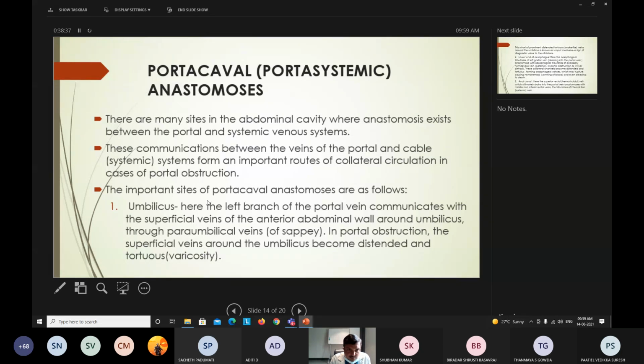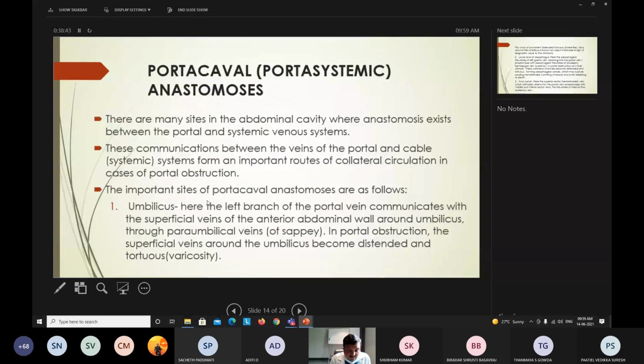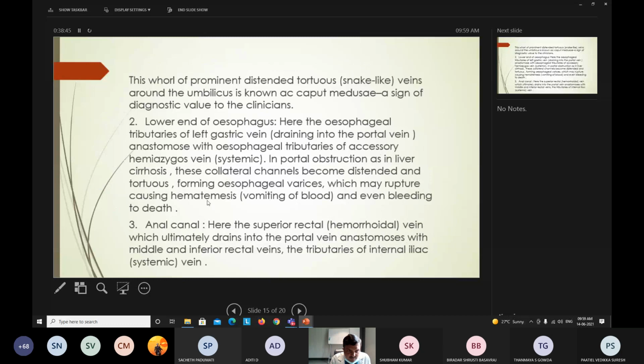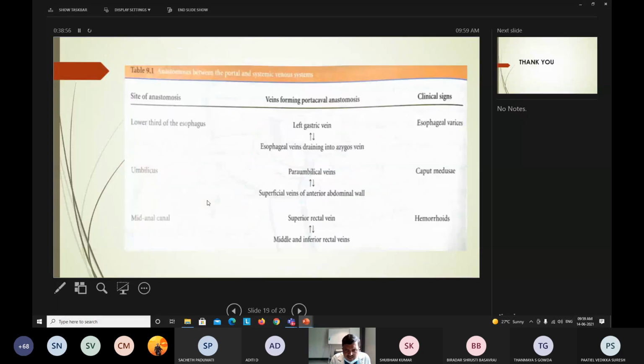Remember the sites of portocaval anastomosis. Remember the sites, a common question. What are the sites for portocaval anastomosis? One is the umbilicus. Second is the lower end of the esophagus and anal canal, the extraperitoneal surface of retroperitoneal organs, and the bare area of the liver. And these are the various clinical signs of portal hypertension.